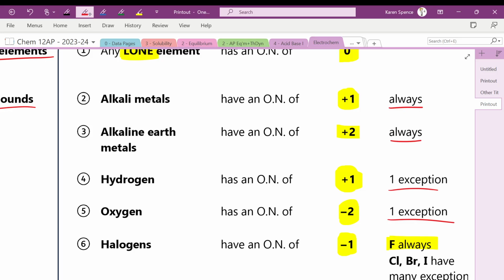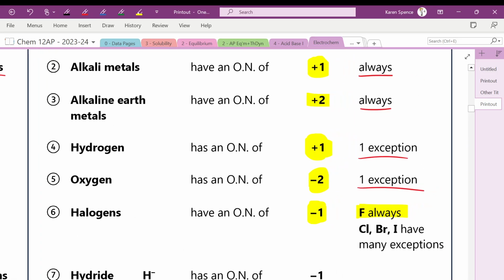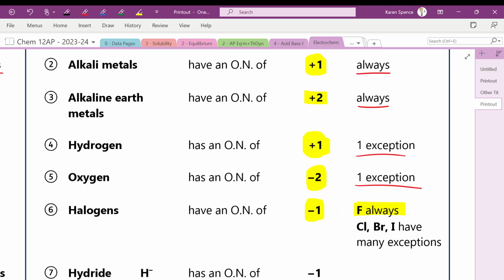It does not have an empty D subshell, okay? Because it is row 2, there is no 2D subshell. You don't need to be able to explain that. However, chlorine, bromine, and iodine may have many exceptions. But once again, may have.